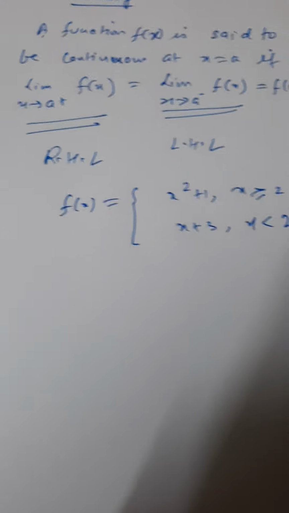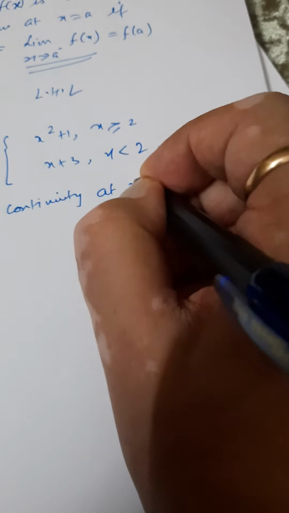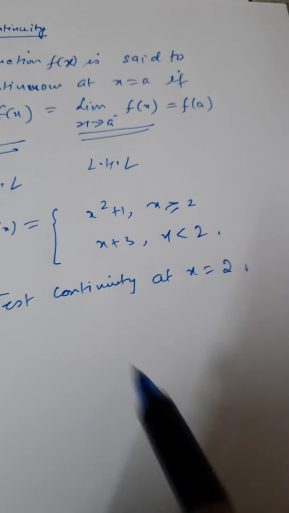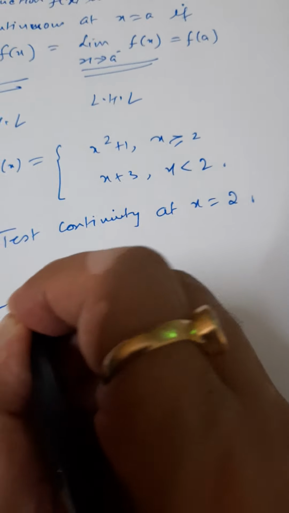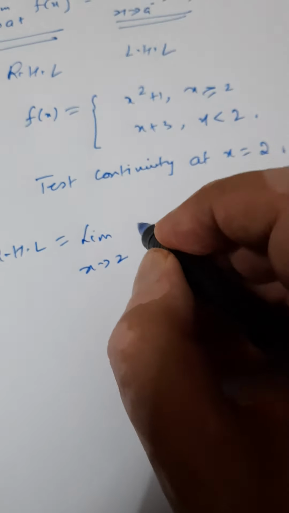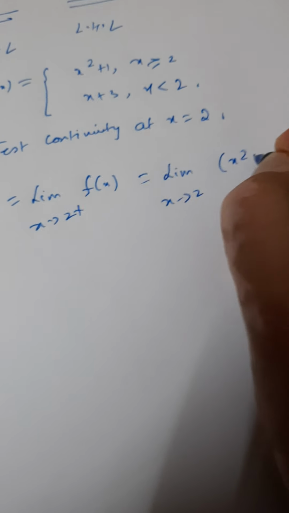Here the breaking point is 2, so you have to test continuity at x equals 2. The right hand limit is limit x tends to 2 plus f(x), 2 plus means greater than 2, so it's limit x tends to 2 of x square plus 1, that's 5.